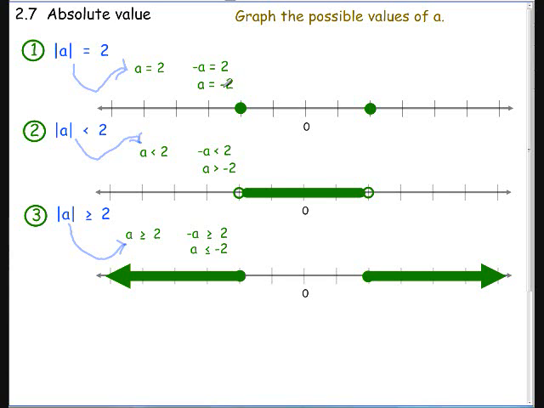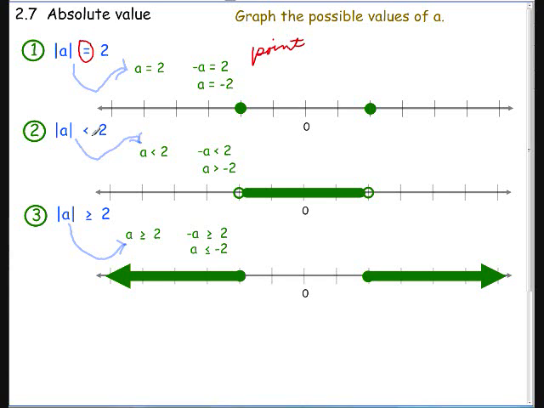If a is negative 2, the absolute value of this would be equal to 2. If a is a positive 2, the absolute value of positive 2 is going to be 2. In either case, here we've got 0, and we go 2 in the positive direction and 2 in the negative direction. And those are the two possible values of a. So this was an equation where we're dealing with a point.